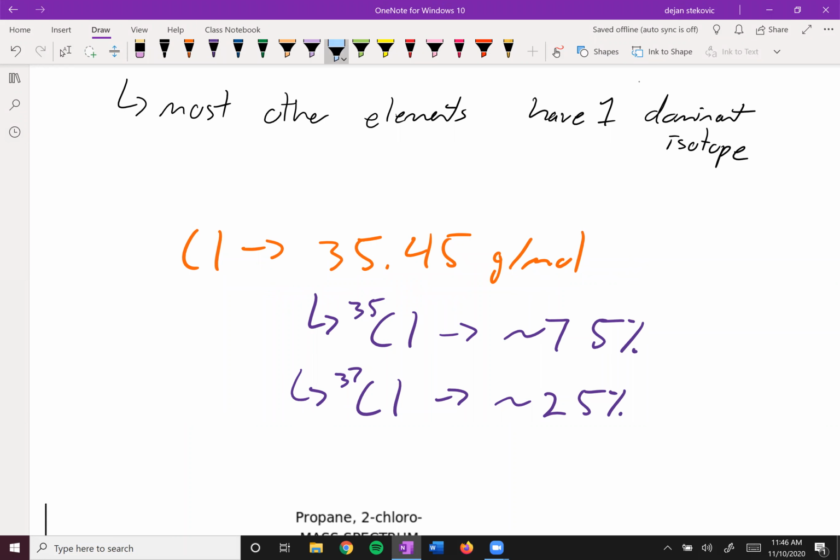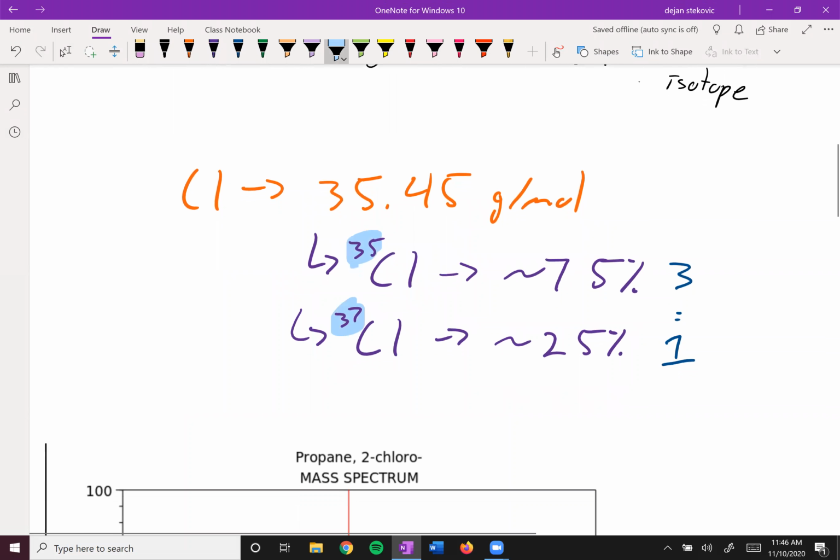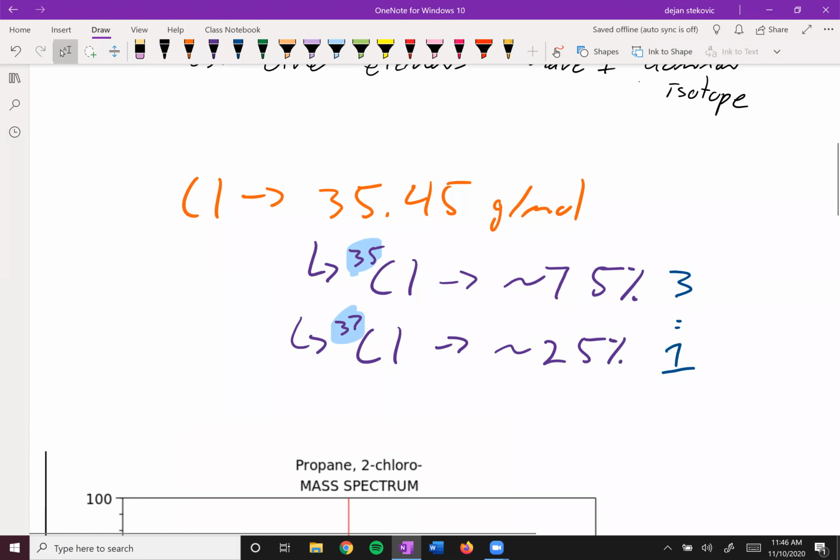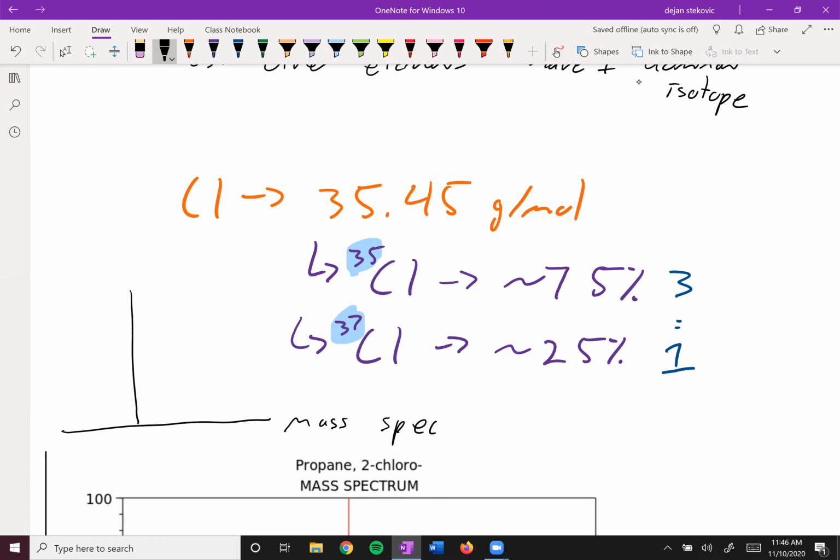And because we have this kind of 3-to-1 ratio, we should see that in our peaks, and our two peaks should be two mass units different from one another. So what we should see in our mass spectra is an M+ peak, our molecular ion peak, and then another peak that's an M+2 peak.